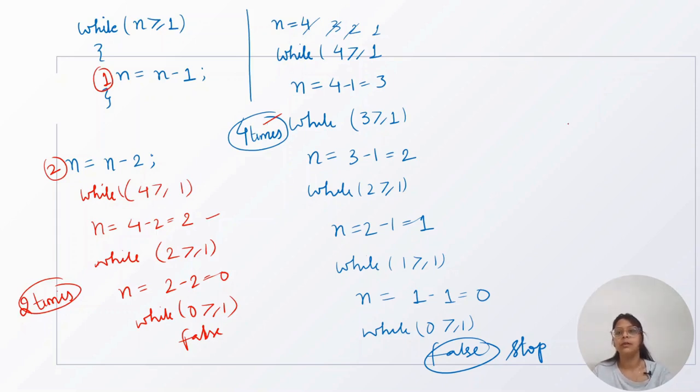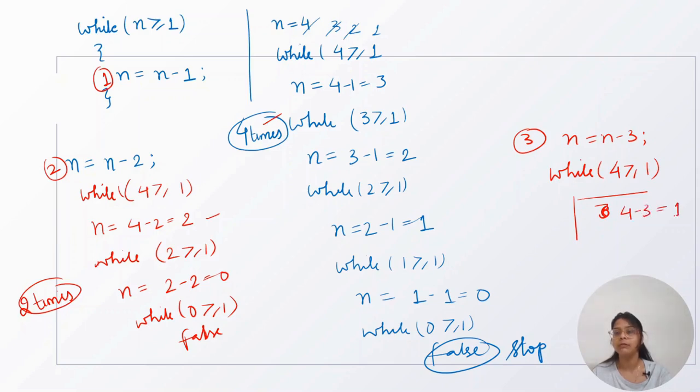So let's see for n equals n minus 3. One more statement, n equals n minus 3, for the third one. Let's see, while 4 is greater than or equal to 1, the condition is true. It will become 4 minus 3, which is equal to 1.